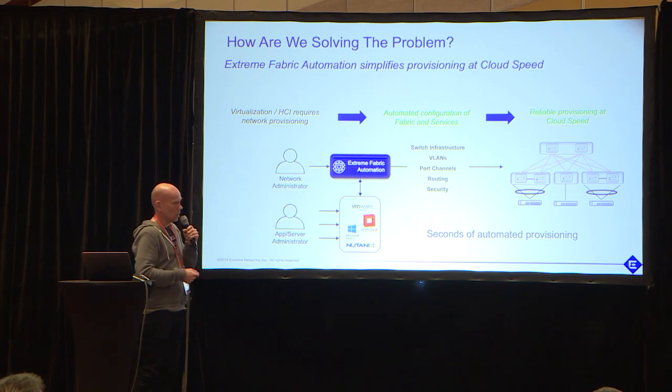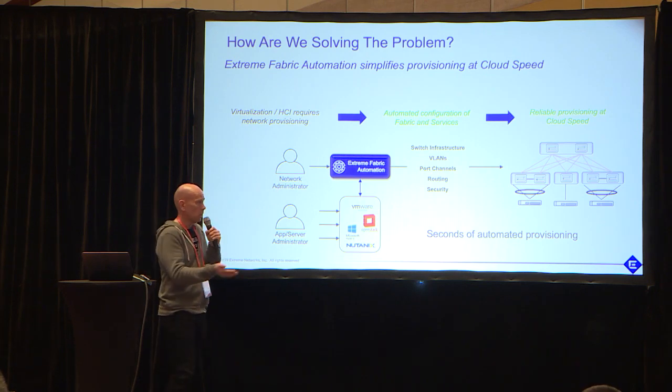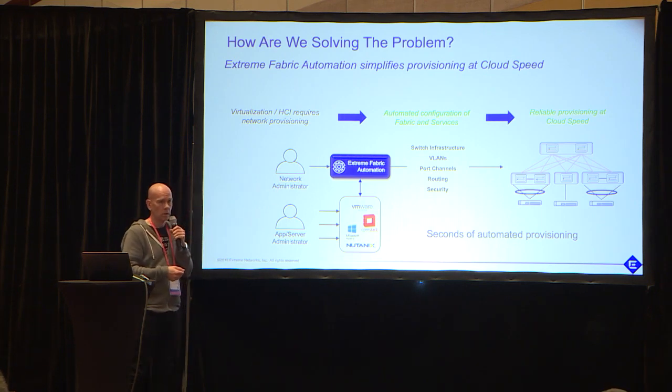So you have an API into your virtualization platforms, and then you have an interface from the network operator, the orchestrator, into this one. So me as a network operator, I can use CLI and jump onto the Extreme Fabric Automation application. The same thing with the app server. He basically works with his hypervisor platforms.